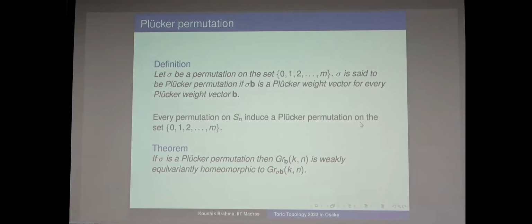Then the theorem is: if we have a Plücker permutation sigma, then the weighted Grassmannian GRBKN is weakly equivalent, homeomorphic, to GR sigma b. I mean, after doing the Plücker permutations, those two weighted Grassmannians are weakly equivalent.